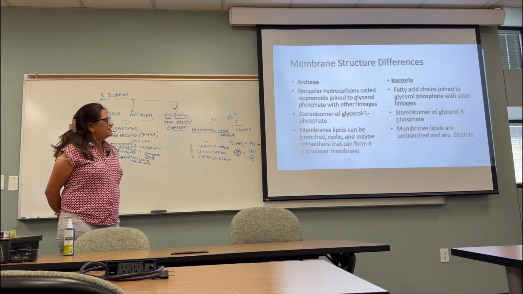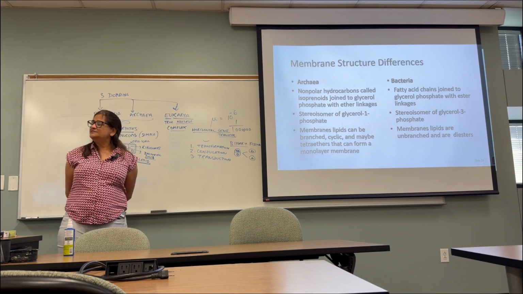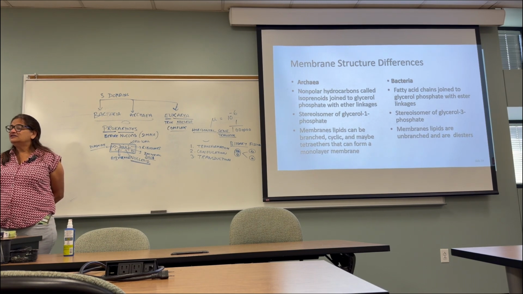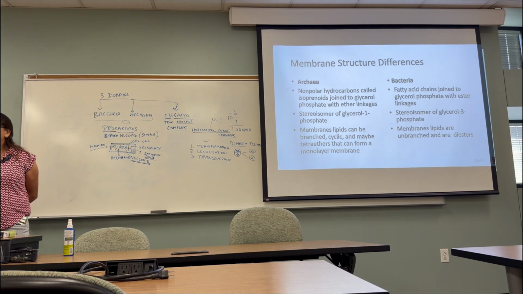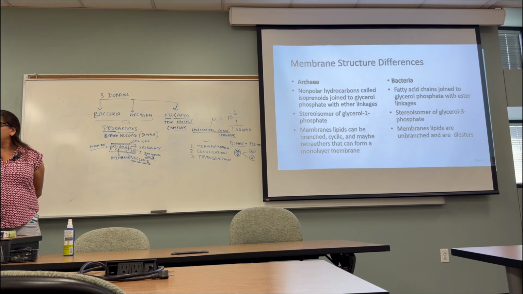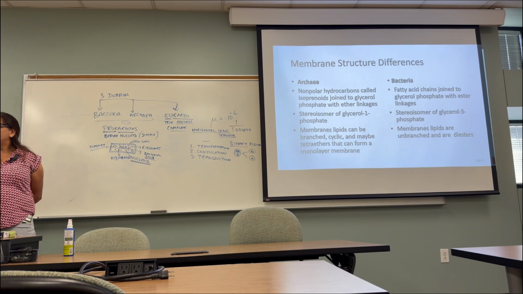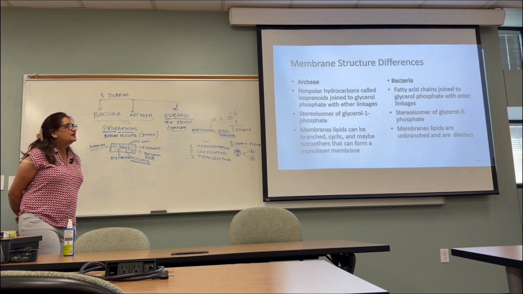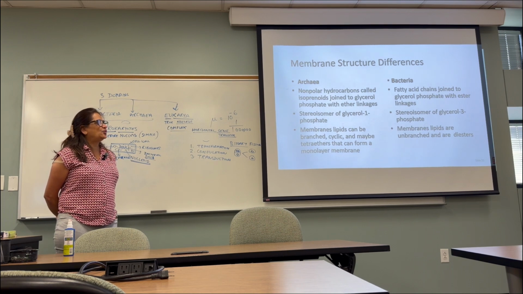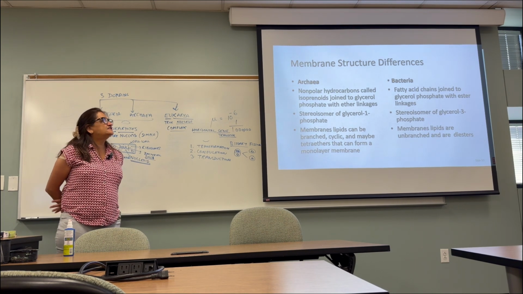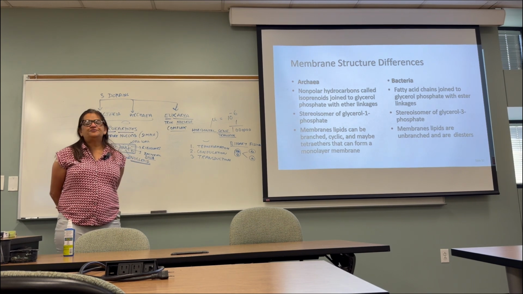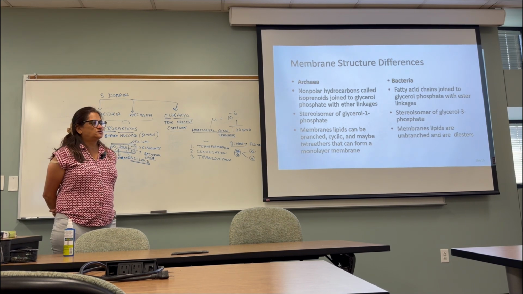In archaea, the plasma membrane is made up of non-polar hydrocarbons called isoprenoids that are joined to glycerol phosphate with ether linkages. Whereas in bacteria, the fatty acid chains are joined to glycerol phosphate with ester linkages. This is the one that we know is present in the eukaryotes also.